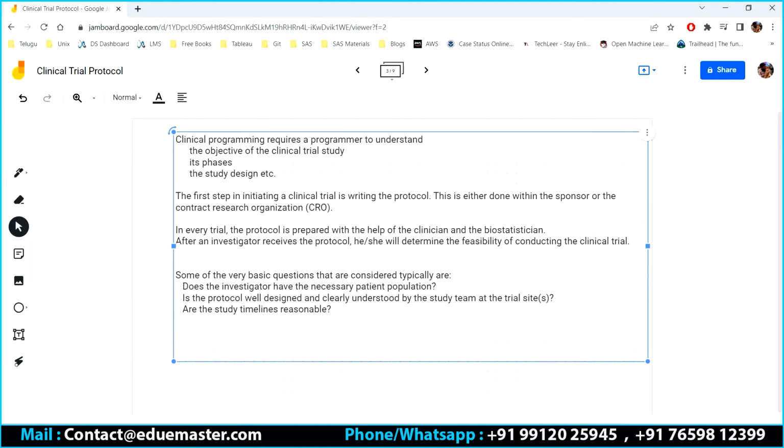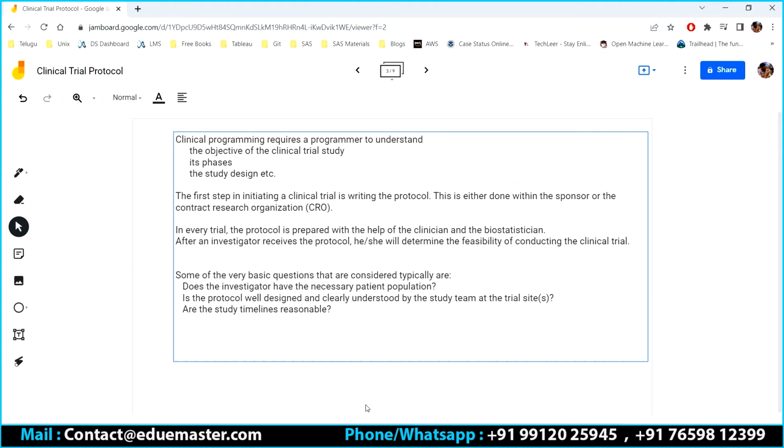Okay? So the first thing we need to understand is that the protocol document will be prepared at the site of your CRO or the sponsor. A sponsor alone cannot produce this. He would expect some help from either or both of your statisticians and clinicians.